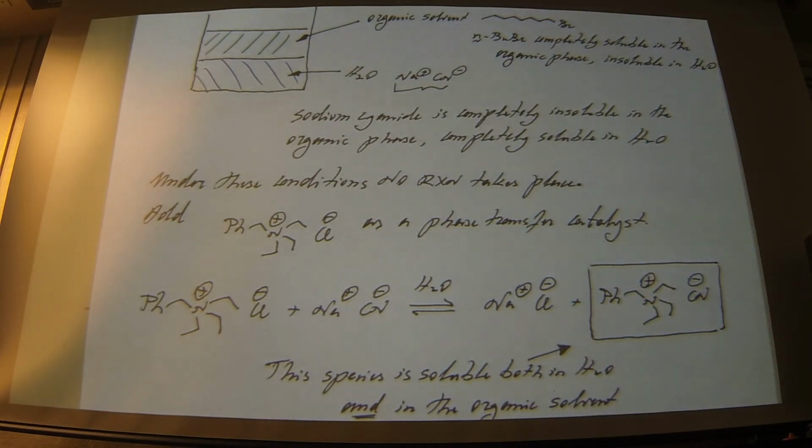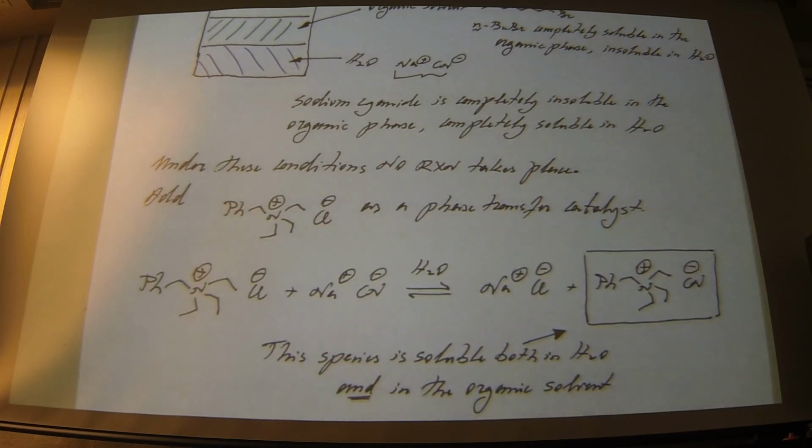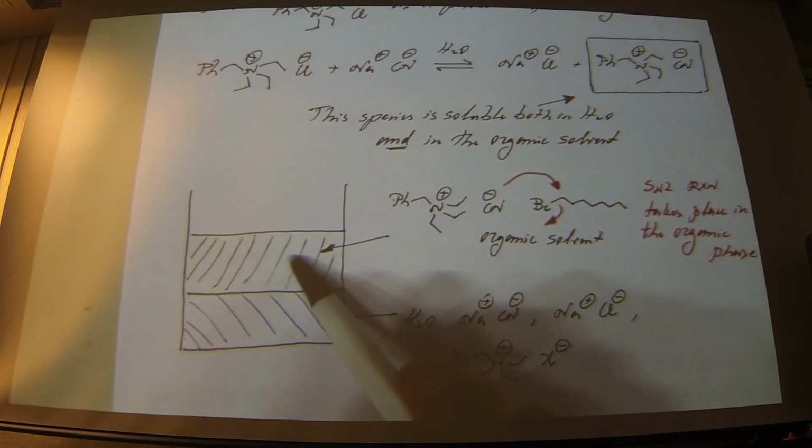Sodium cyanide doesn't dissolve in organic solvents. But the ammonium cyanide that I've shown here does dissolve in organic solvents because this is soluble and because it drags with it a negatively charged cyanide, the cyanide becomes soluble in the organic solvent. And so that allows you to do chemistry in the organic phase that normally you can't do.